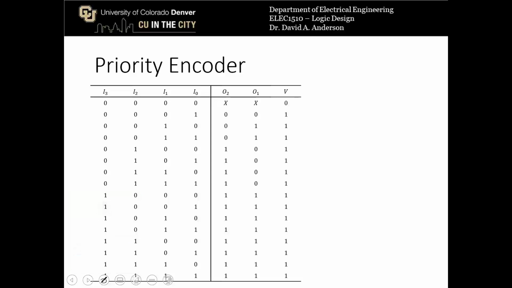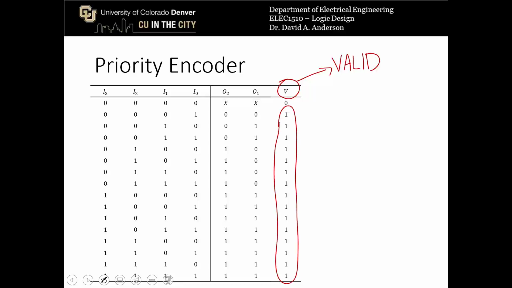And so that's taken care of by an additional output called a valid bit. So V stands for valid. If the valid bit is a 0, that means that no inputs have arrived. If the valid bit is a 1 in all of these scenarios, that means that something has arrived and you need to start taking care of one of those alerts.